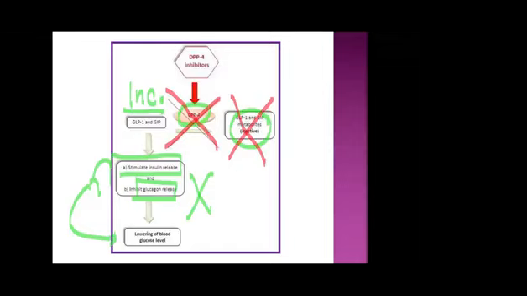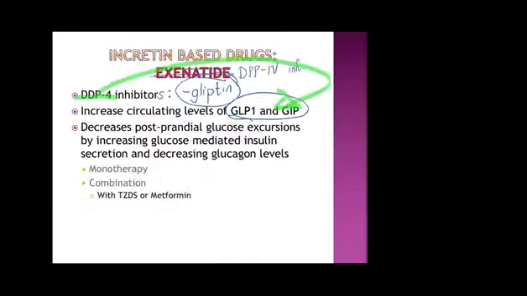It must be enhanced. So by enhancing incretin levels, do you think may hypoglycemic effect, or merong anti-diabetic effect? Yes, very good. Kaya nakalagay dito, increase circulating levels of incretins like GLP-1 and GIP.